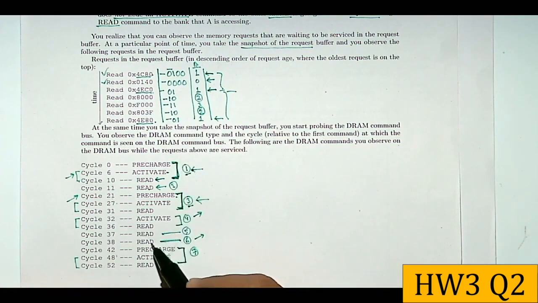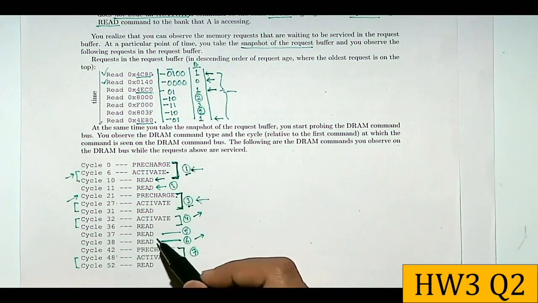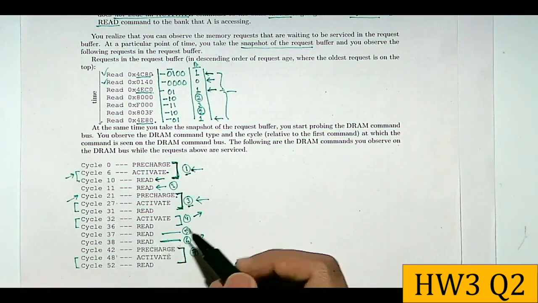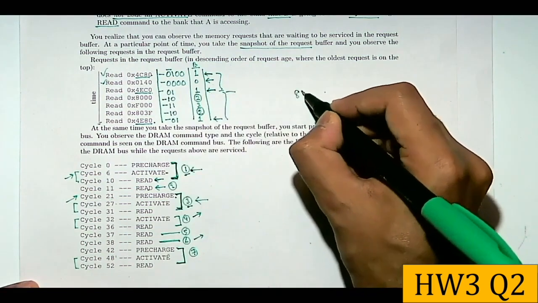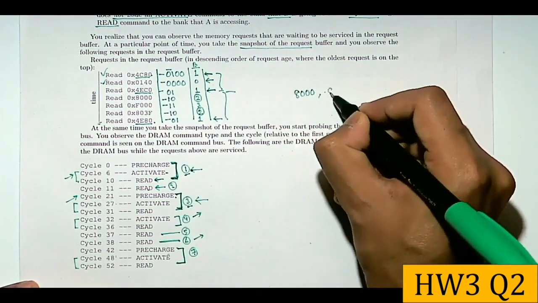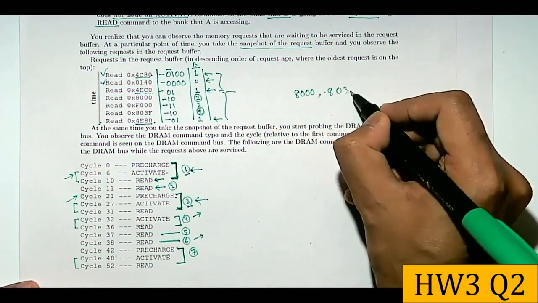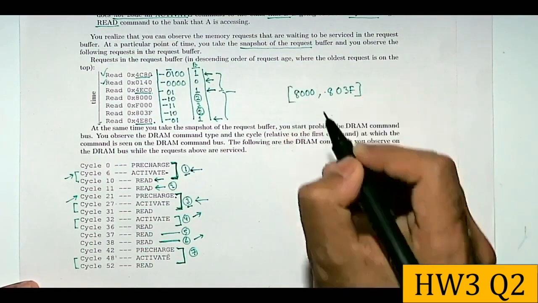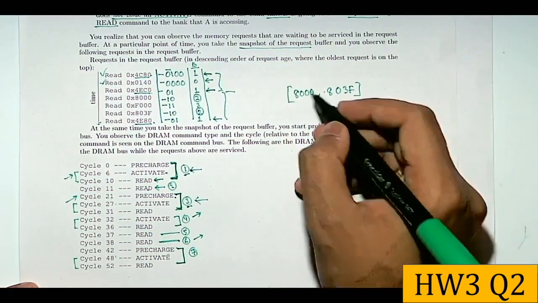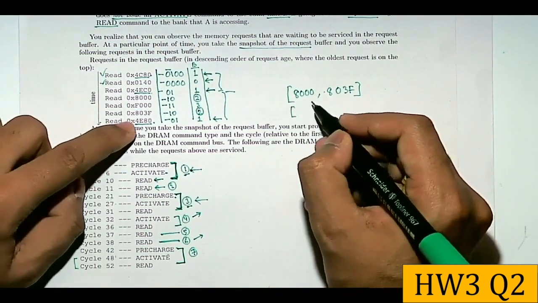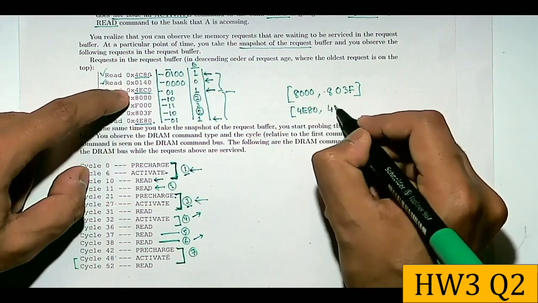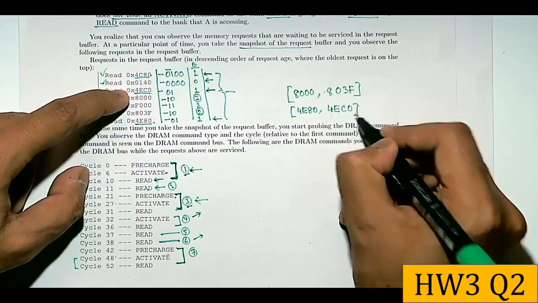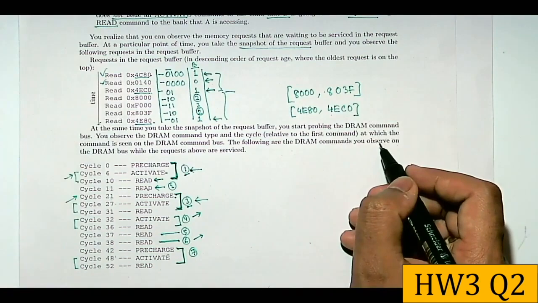This access is just a read sequence, so that means it hit in the row buffer, right? That gives us an idea that 800 and 803F, these 2 accesses, belong to the same row. But 4E80 and 4EC0 belong to different rows.